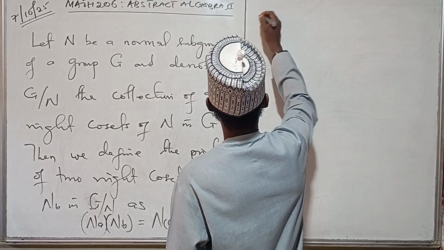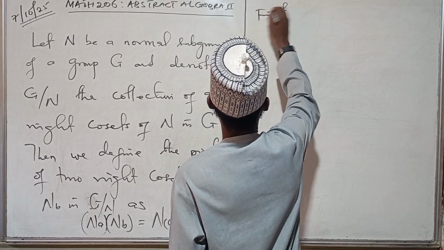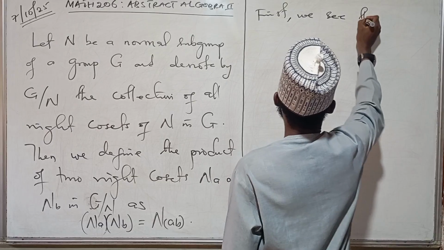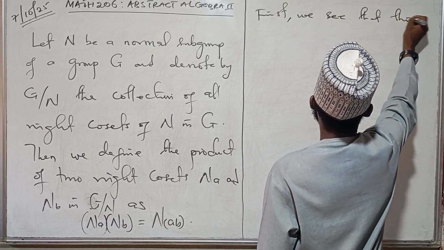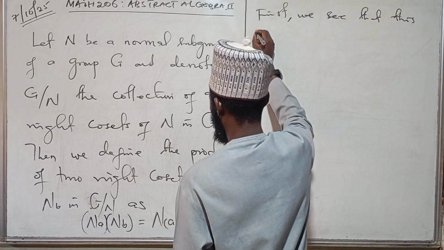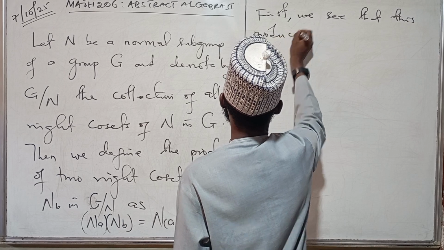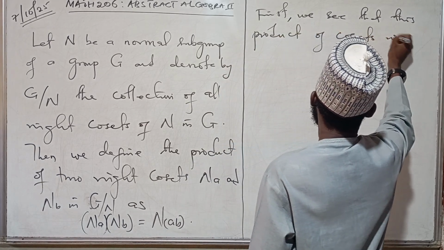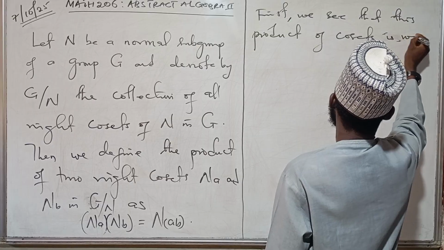So first we see that this multiplication of cosets, that is the product of cosets, is well defined.